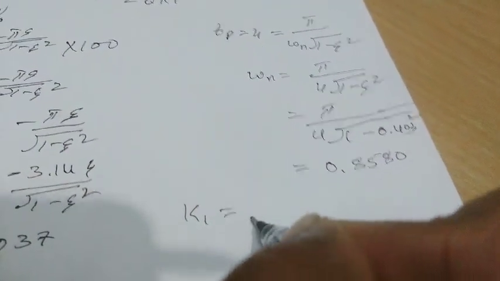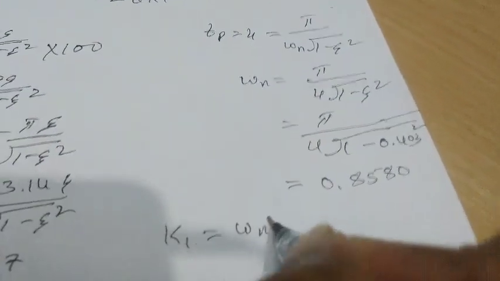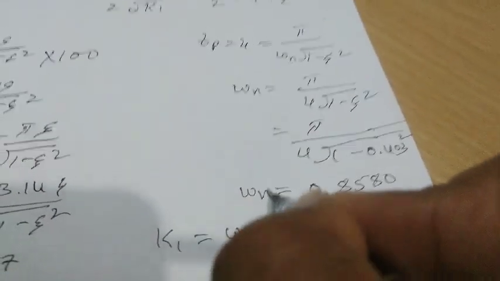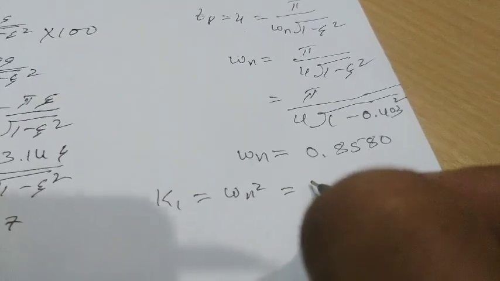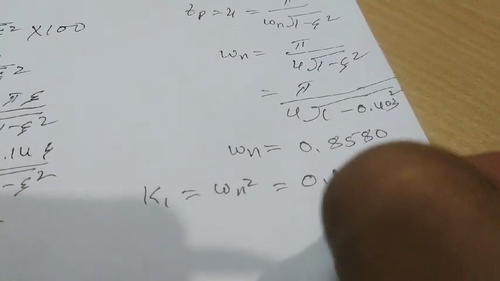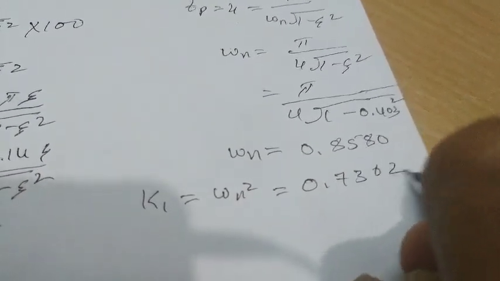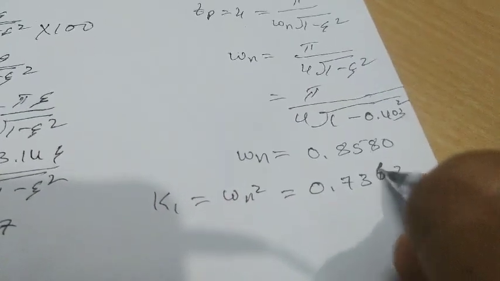So from the further simplification, we got omega n as root K1. So K1 is omega n square. So let us find out K1. So K1 is omega n whole square. So omega n value we got 0.85, and this K1 value will get 0.7362. Next, K2 value.